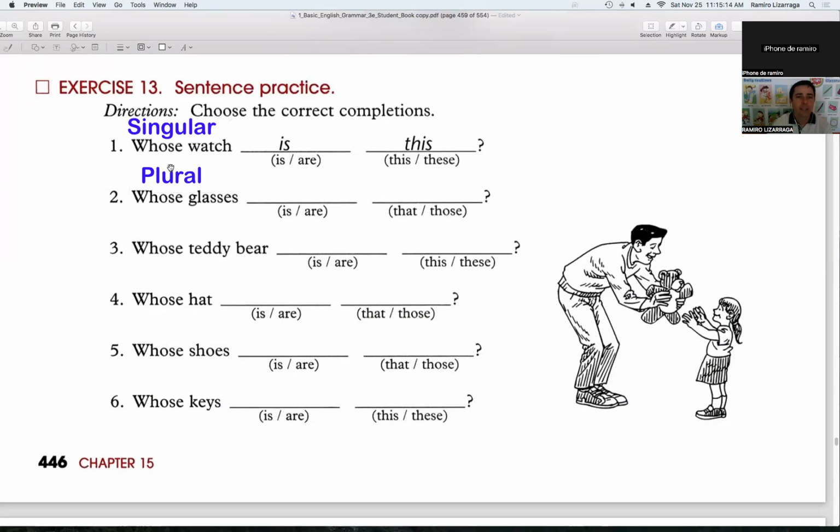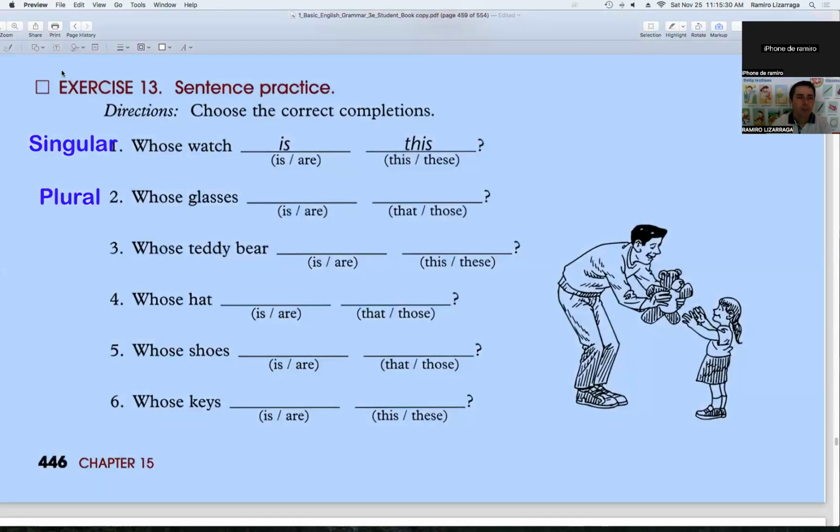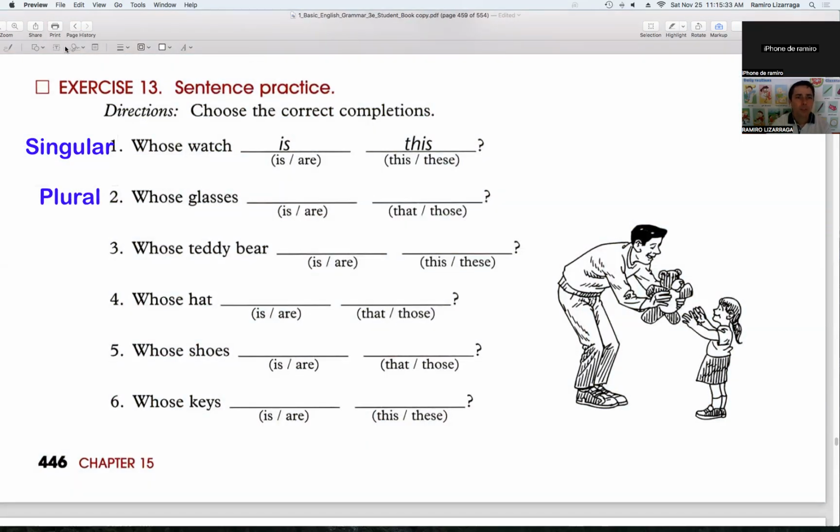Okay, Leslie, can you finish the question, number 2? Finish. Complete it. Whose glasses are those?